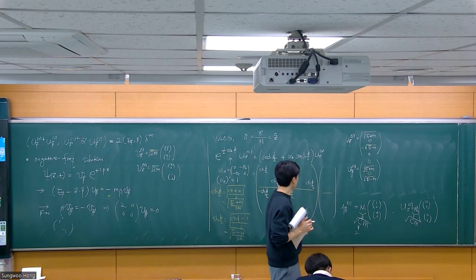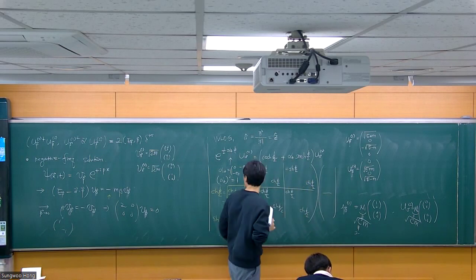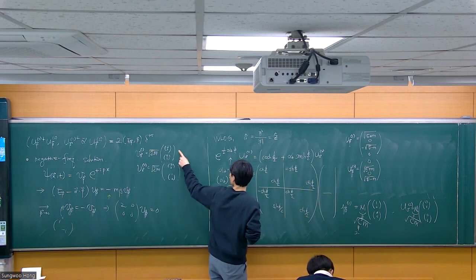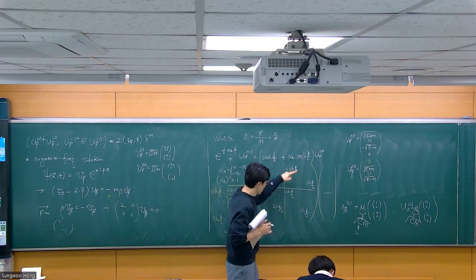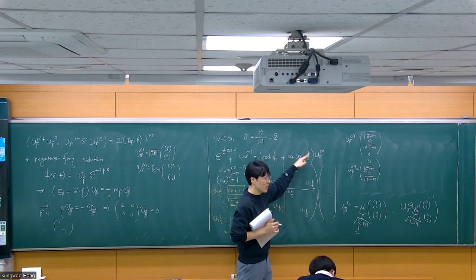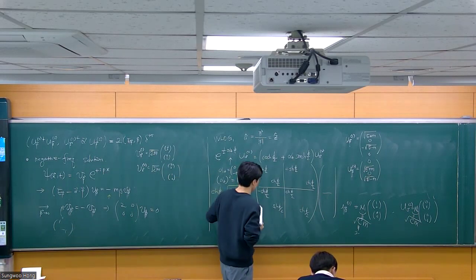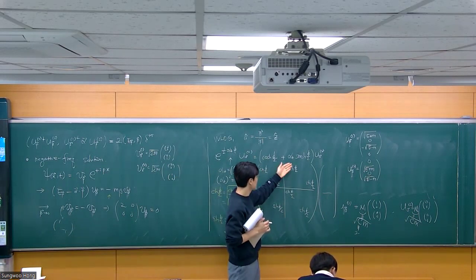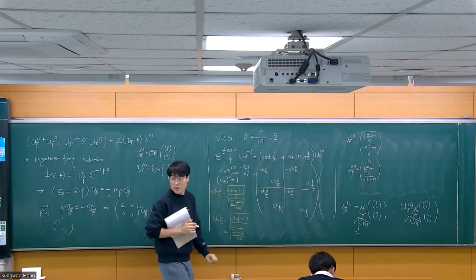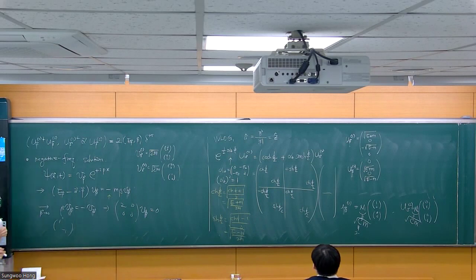Basically the same thing. For instance, v1 is boosted because it has a 1 in the last component, according to that. You get square root of E minus m, square root of E plus m. This guy, since it has a 1 in the third component, you will pick up this: minus of square root of E minus m plus square root of E plus m. That's the answer. Okay?